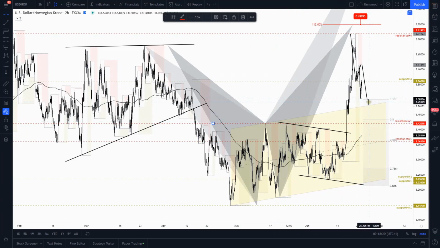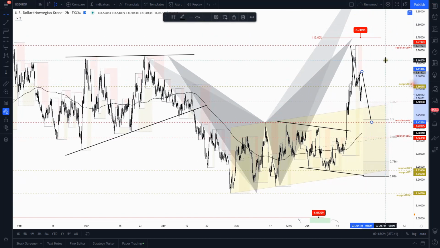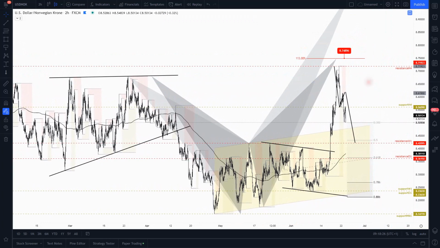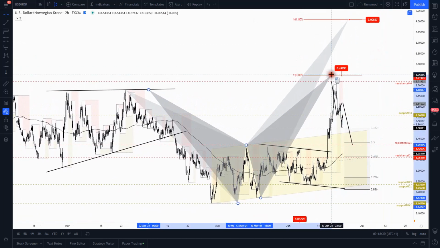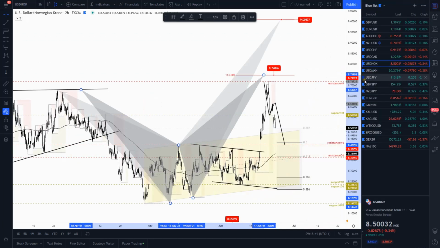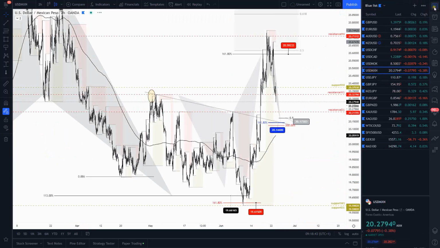So basically, I will not be surprised to see the Norwegian krone also searching for lower prices to find support. As we can see, I projected some patterns above this one at the 113% Fibonacci extension level, and as we can see, never completed above. So let's jump into the Mexican peso.